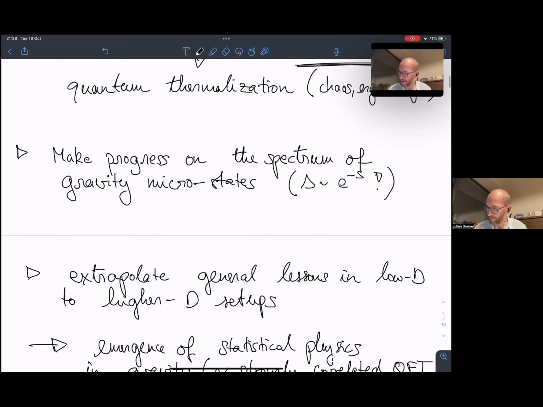But I also want to throw out the point that that's a computation that is both challenging and very interesting, because the average separation of microstates in this regime, delta, will be of non-perturbative order in the entropy. That's simply because the entropy of the black hole S is the area over 4 G Newton, so it's finite.